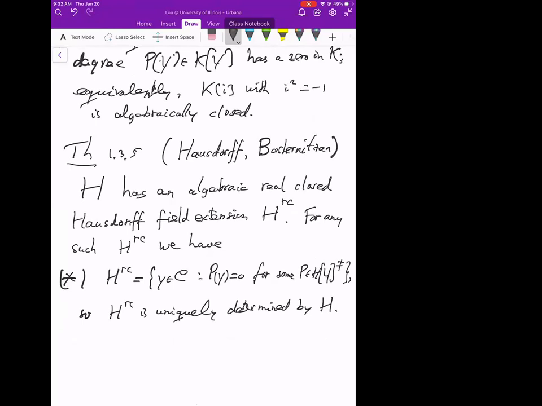And now, from what we did, this is pretty easy. The first part, that you have an algebraic real closed Hausdorff field extension, is, well, you just keep adjoining square roots and roots of odd degree polynomials, or irreducible odd degree polynomials, till you can't do it anymore, till you have exhausted.